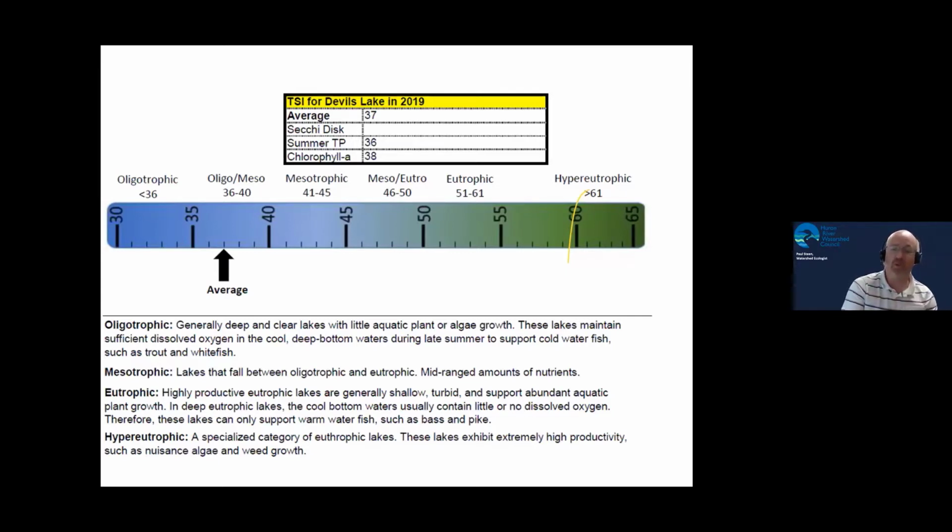If your numbers are wildly varying, like let's say you get 50 in your Secchi, but your summer phosphorus and your chlorophyll maybe are closer to 40 or lower. When I make these reports, I'll draw all those lines on so you can see how that spread. If for that particular example I just said, it may indicate that there's something else going on in your lake besides just nutrients.